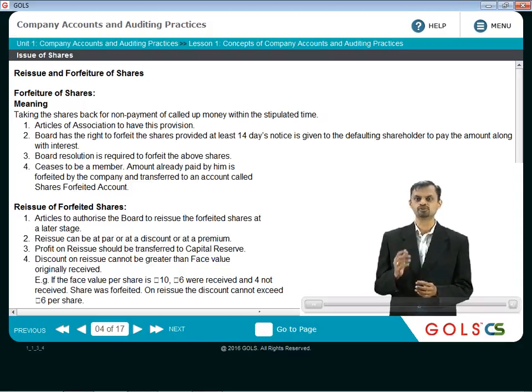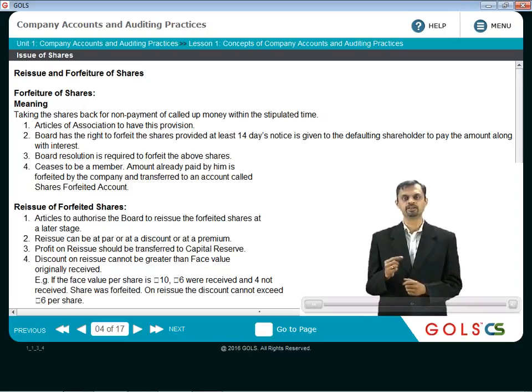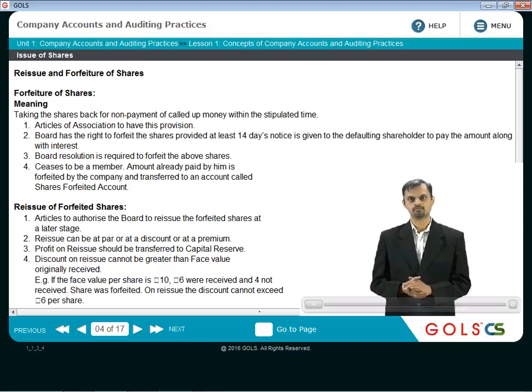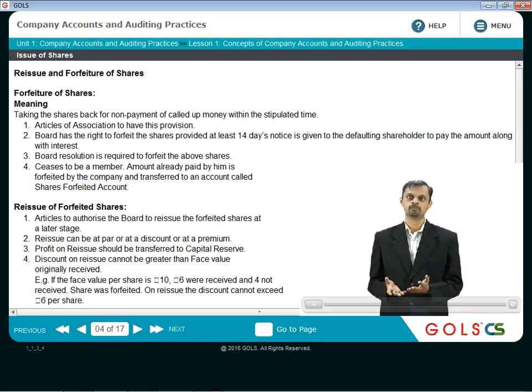Suppose the discount on reissue is 7 rupees. That means on reissue, the company will receive 3 rupees. Originally, the company has received 6 rupees. So 6 plus 3, now the company will receive only 9 rupees, whereas the face value was 10. This will amount to a reduction in the share capital, which is not allowed. And that is why the condition that the discount on reissue cannot be greater than the face value originally received.